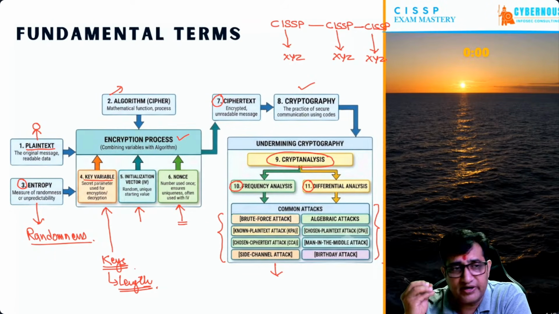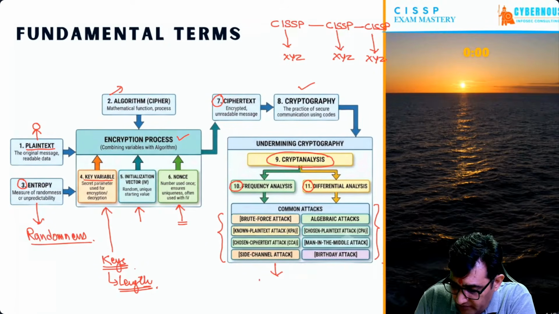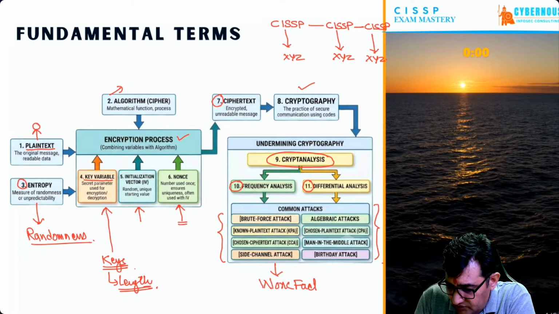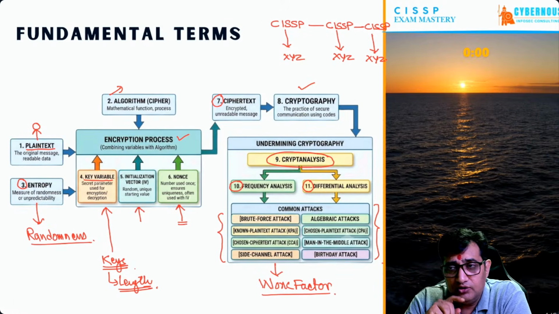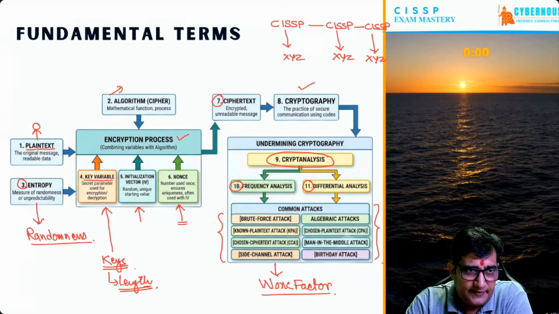The strength of a cryptography, or the relevance of a cryptography, or the best suitability of the cryptography, comes from a term called work factor. This work factor is the time and effort which is required to break the cryptography.